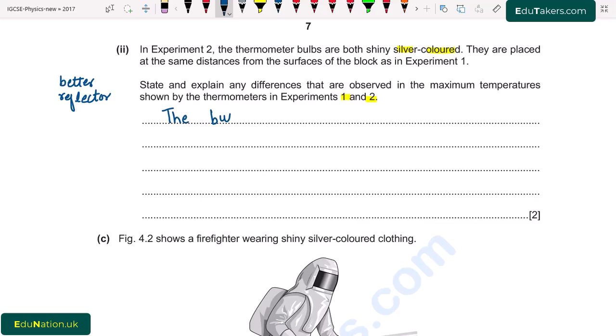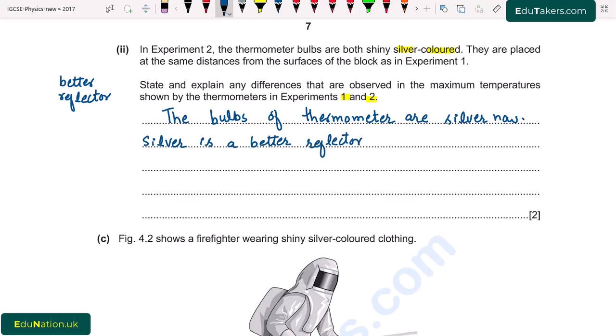The bulbs of thermometer are silver now, silver is a better reflector of radiated heat.